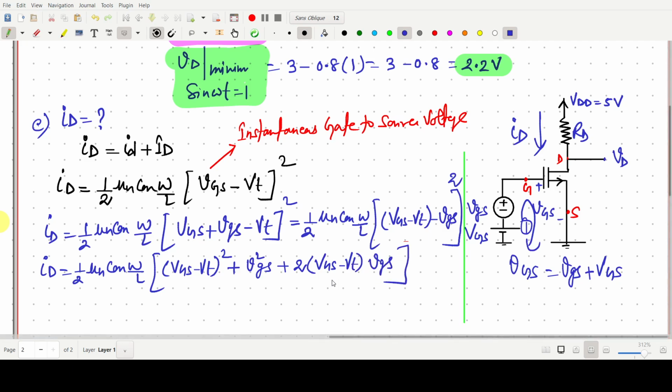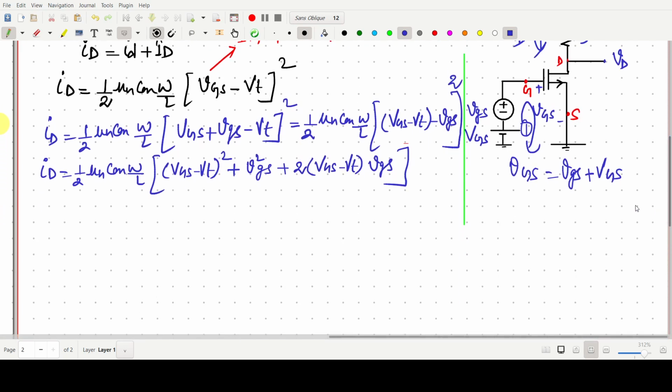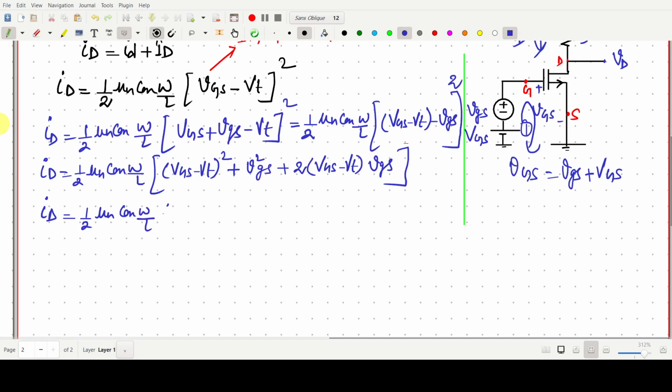This is a very good problem. You have to be very careful about all the parameters, everything. So this iD value can be written as 1 by 2 mu n Cox W by L.